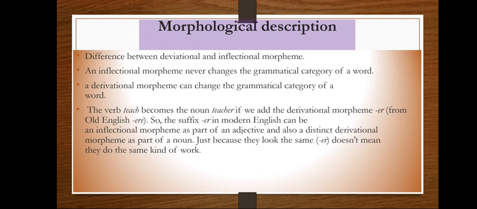So on the one hand, when we add er as an inflectional morpheme, like with nice, nicer, we only change from the simple degree to the comparative degree. They do not change the word category. While in the second one, teacher, teach is a verb and teacher is a noun, so the grammatical category is changed. So this can be used as inflectional as well as derivational.